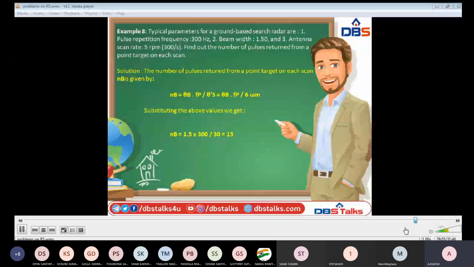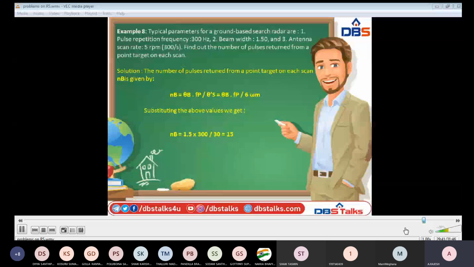The number of pulses returned from the point target on each scan is given by NB, and this NB will be equal to theta B into FP divided by theta S, which equals theta B into FP by 6 WM.